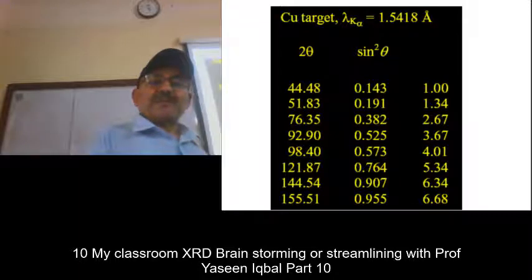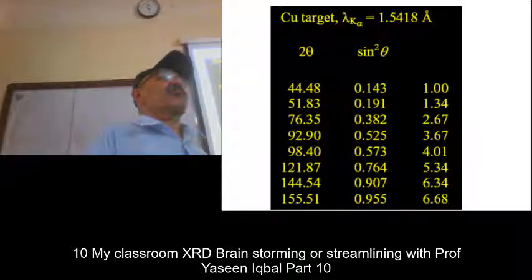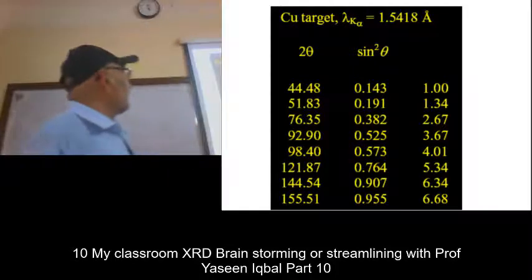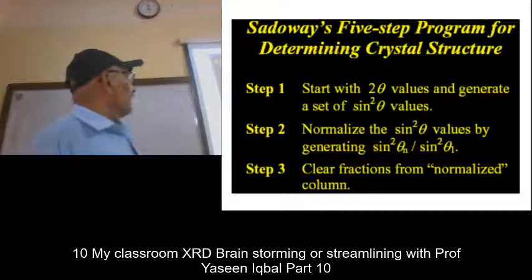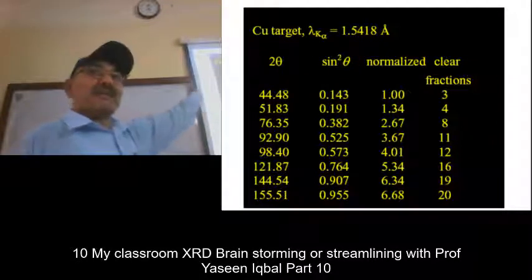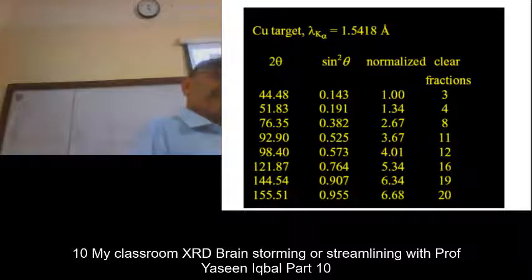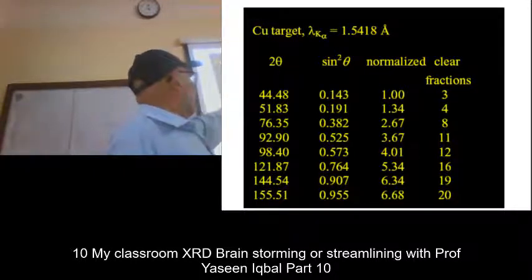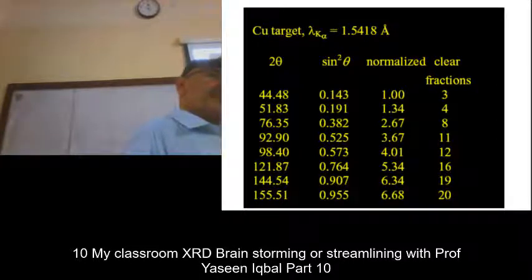In the third step, clear fractions from the normalized column. What he did? By clearing fractions, he got 1, 3. He multiplied by 3 to get to the closest whole numbers. Right? When you multiply 1.34 by 3, it will give you 4.